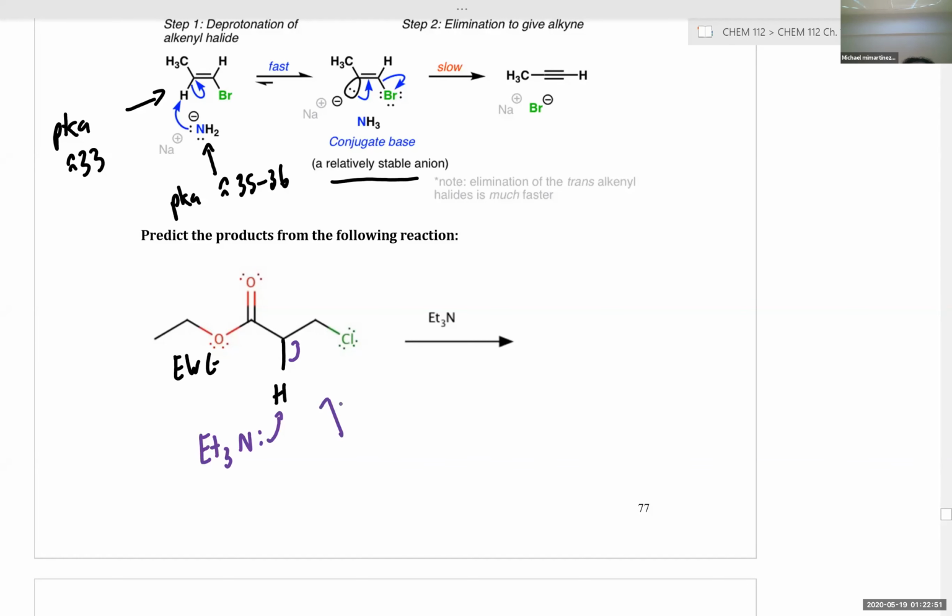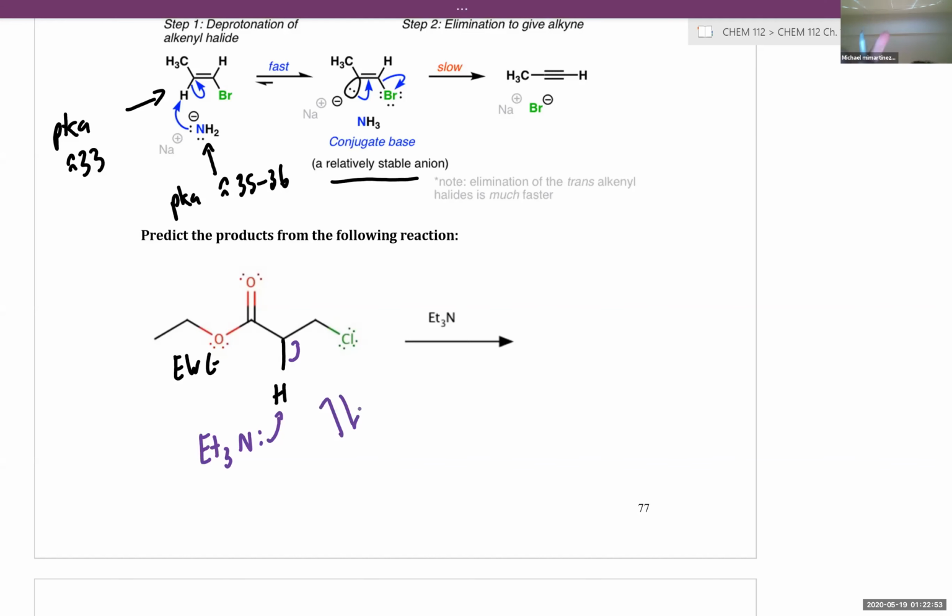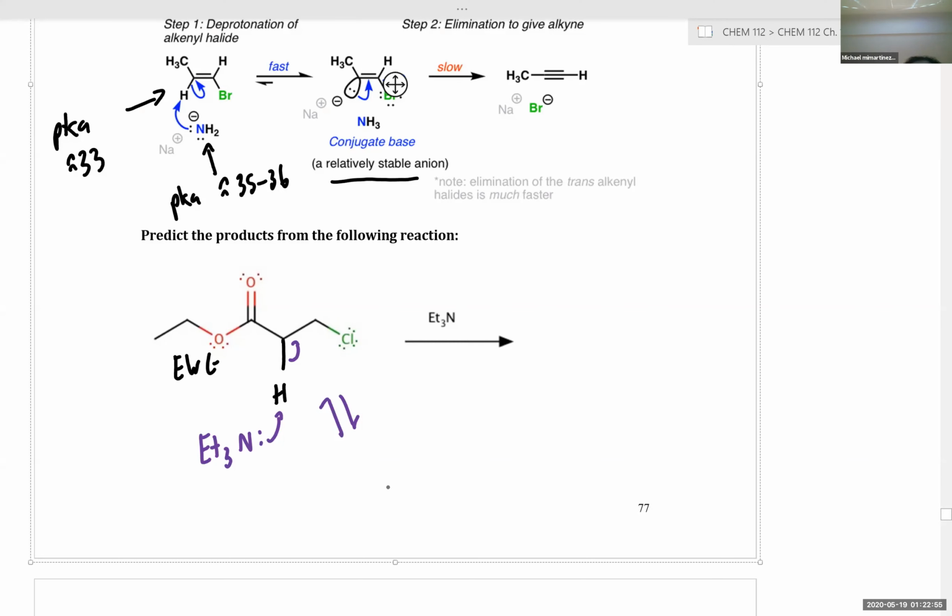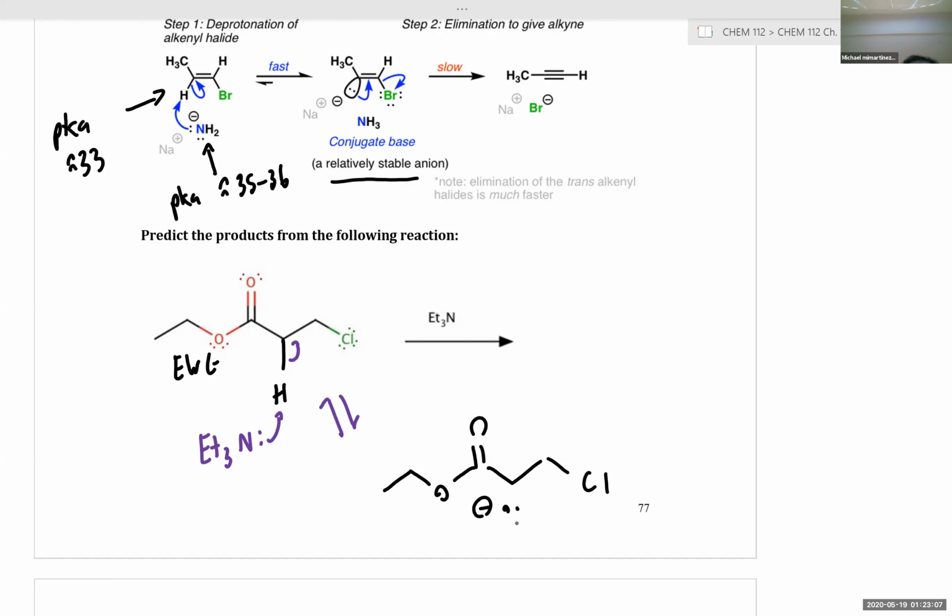So first we have reversible generation of our anion. And the beautiful thing about E1CB reactions is your anion generation doesn't have to be quantitative, because after elimination, it almost slams the door shut on the reverse process because it's very hard to regenerate your carbon leaving group bond.